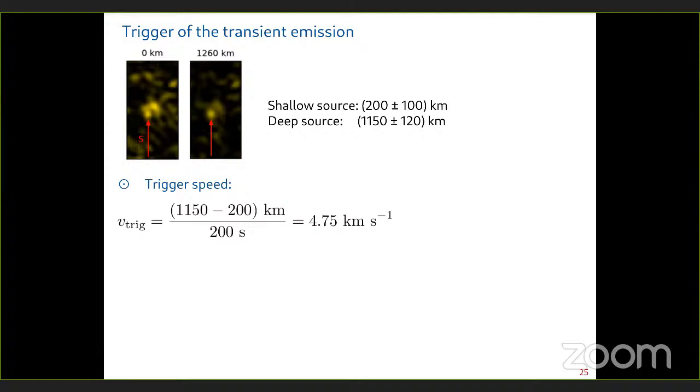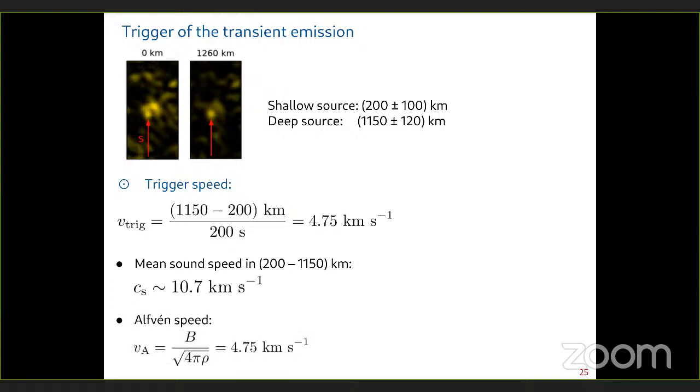So let's have a look at the nature of this speed. By making a calculation of the sound speed value in this range, taking a mean of these sound speed values, we have a speed of 10.7 kilometers per second, which is actually twice the trigger speed we found for these events.